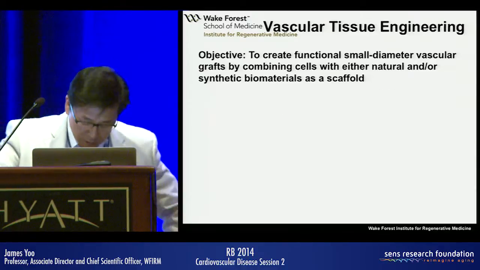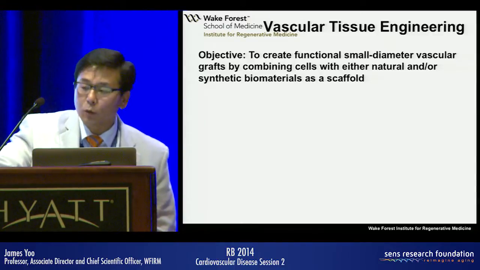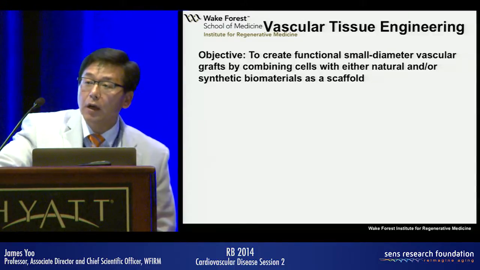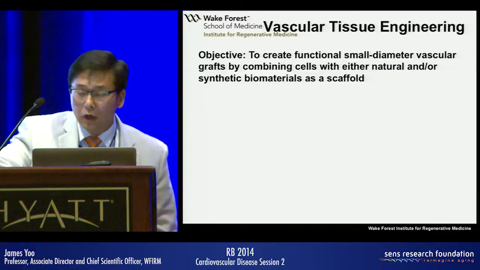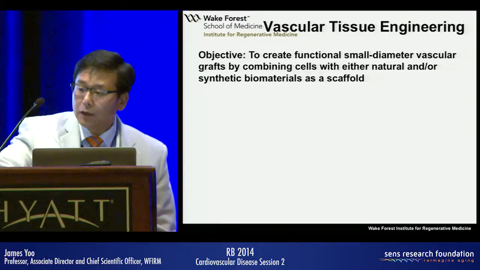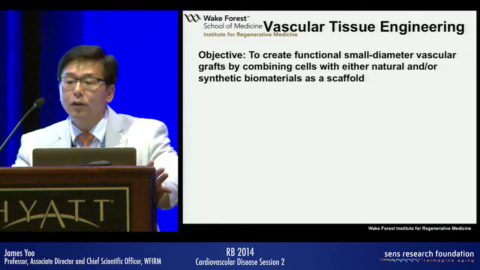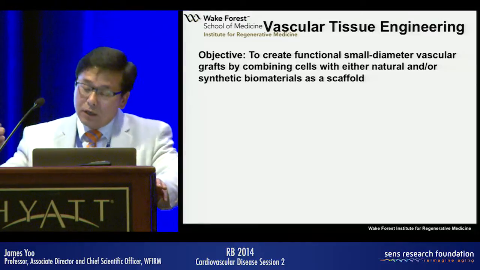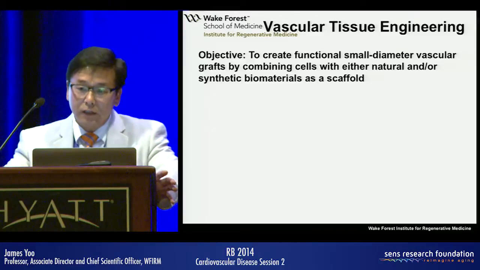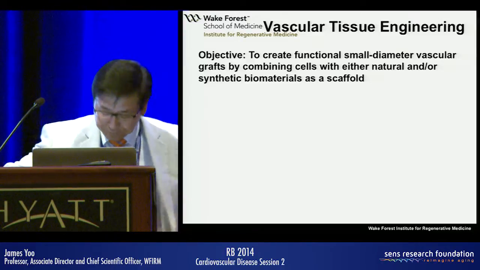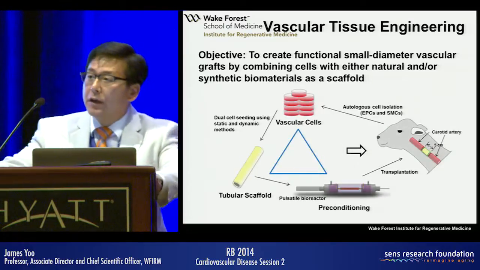So one proposed idea, when tissue engineering emerged about 20 years ago, was that maybe tissue engineering techniques could help build tissues that could be used as a substitute for vascular graft.